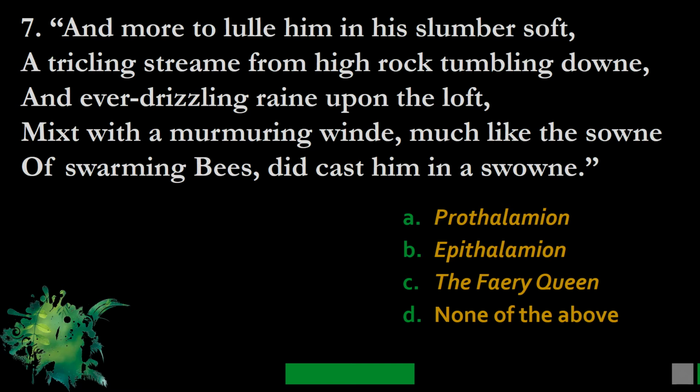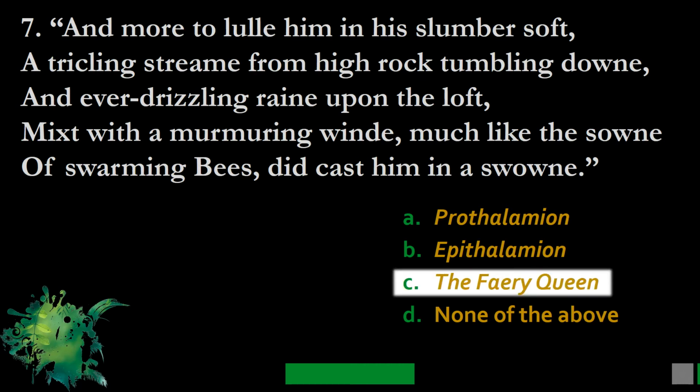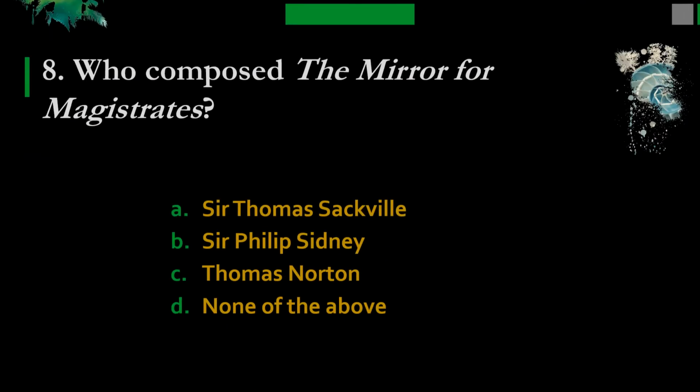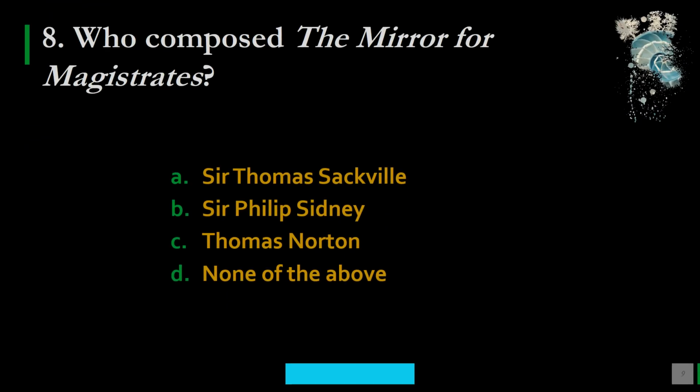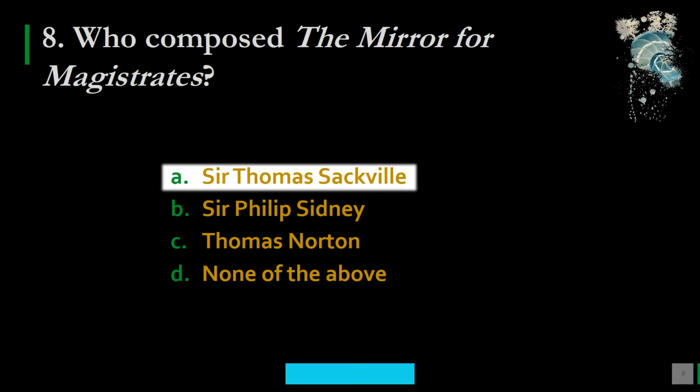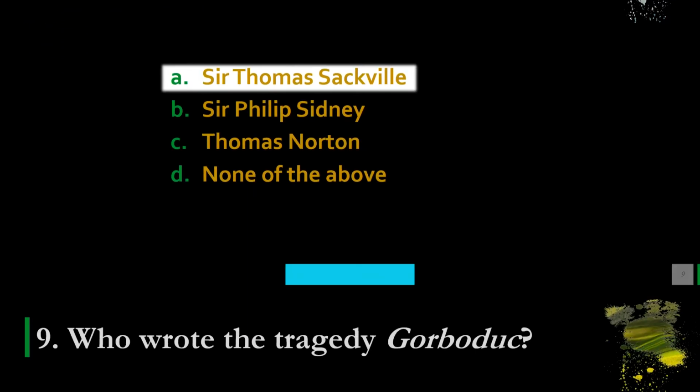And these lines are derived from option A Prothalamion, B Epithalamion, C the Faerie Queene, D none of the above. And the correct option is C the Faerie Queene. Number 8. Who composed the Mirror for Magistrates? Option A Sir Thomas Sackville, B Sir Philip Sidney, C Thomas Norton and D none of the above. Correct option is A Sir Thomas Sackville composed the Mirror for Magistrates.